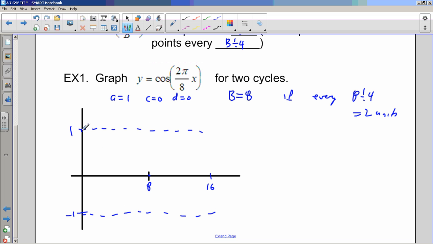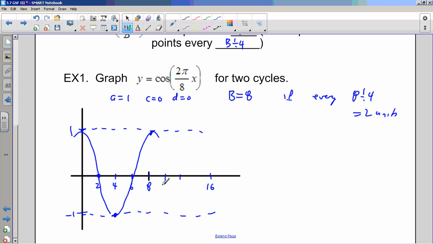So if I start here and end here, there's going to be a minimum halfway between, and halfway between that I get my other important points every 2 units. High, middle, low, middle, high. And there's the important points every 2 units. And I can continue this for 2 cycles just like I've been asked.